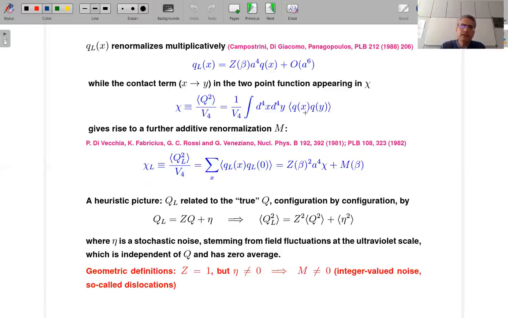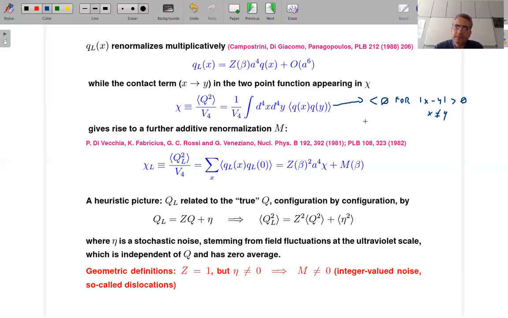I mean, if you consider how this two-point function behaves, it is negative for non-zero distance, okay, so for x and y different.